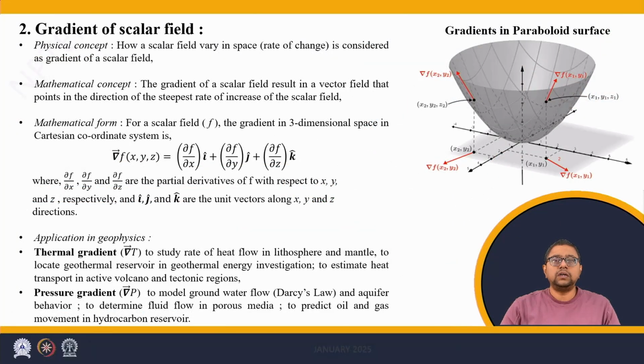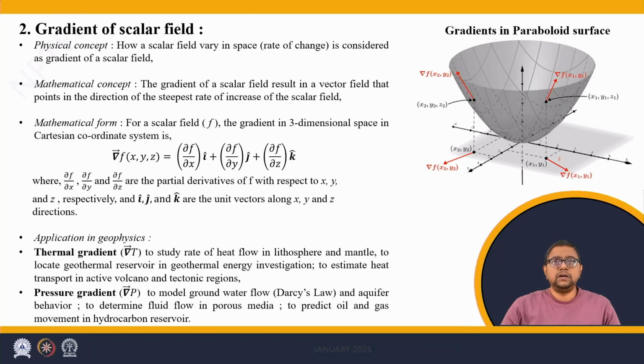Now let us look into the gradient operator acting on scalar fields. The gradient of a scalar field is used in various applications where the differences of the values of the scalar are important.